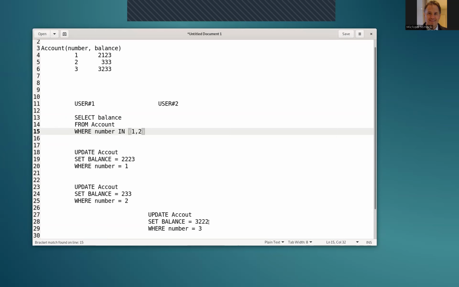So what it's doing right there, you see, this is the SQL, where it's getting the balances of accounts 1 and 2. All right. And that's why it knows, because it's going to do the $100 move.